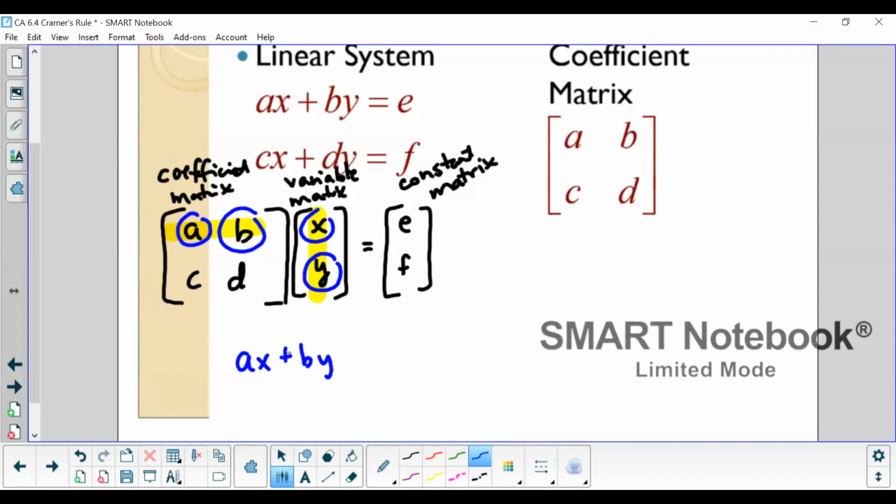Well, obviously, if we have this matrix equation set up, that's going to equal the first entry in this constant matrix. And I want to point out to you that that is exactly the same as this first equation that we had in the linear system.